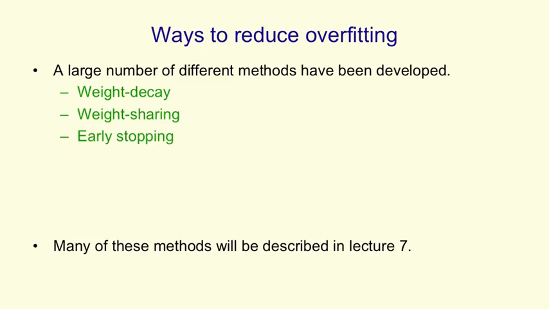There's early stopping, where you make yourself a fake test set, and as you're training the net, you peek at what's happening on this fake test set, and once the performance on the fake test set starts getting worse, you stop training. There's model averaging, where you train lots of different neural nets, and you average them together in the hopes that that will reduce the errors you're making.